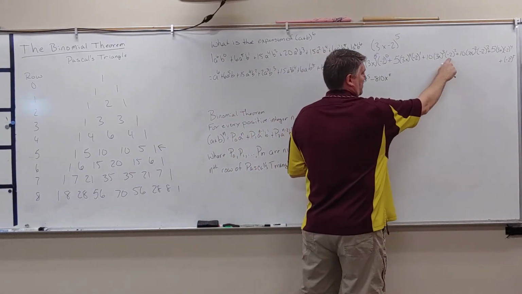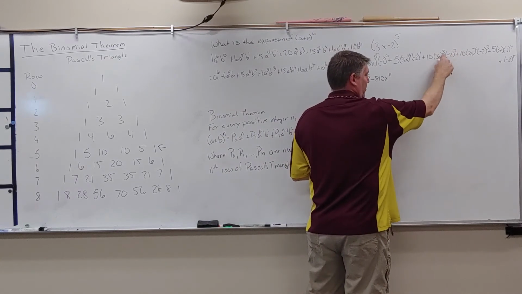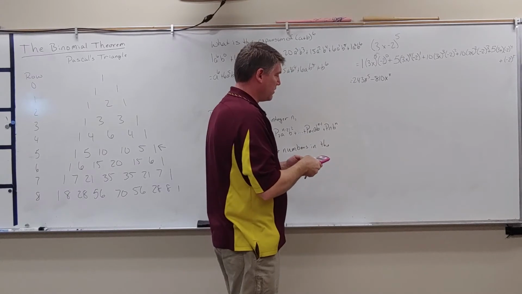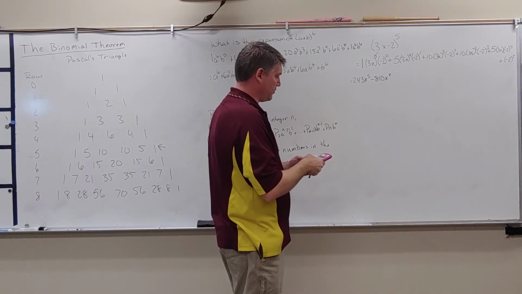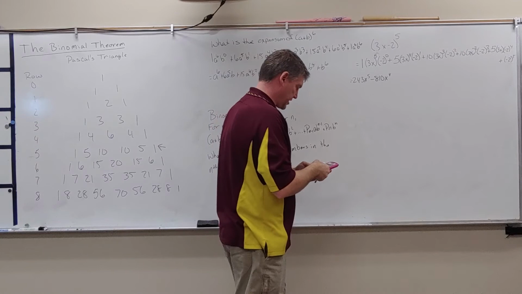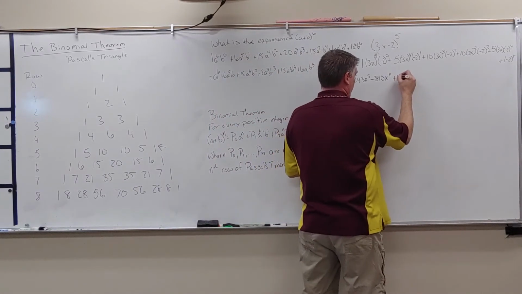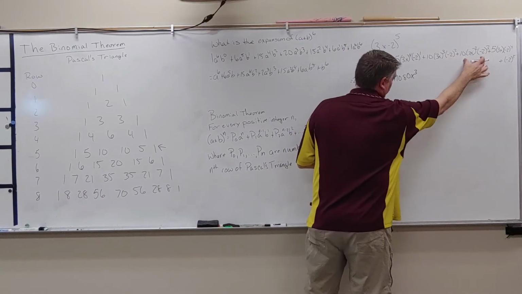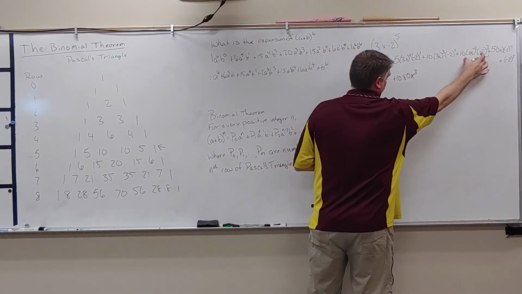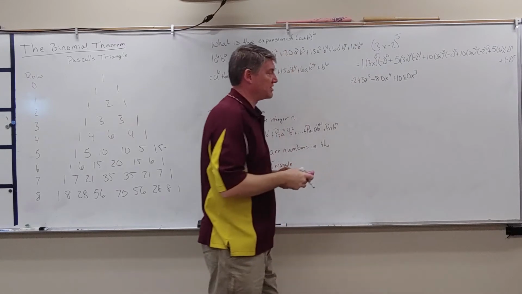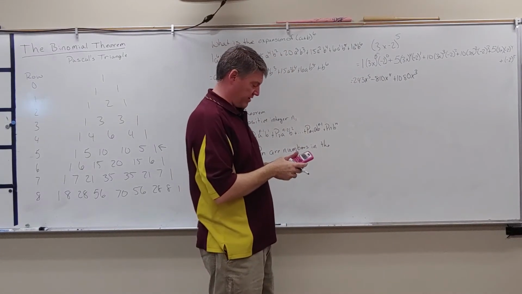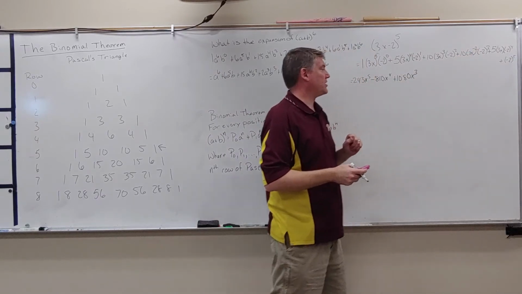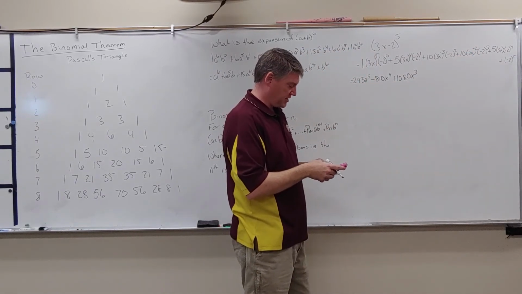Now I'm going to take negative 2 squared, 3 to the third times 10. So negative 2 squared is 4. 4 times 3 cubed is 27 times 10 gives me 1080x cubed. Now I move to the next one. Now I have negative 2 cubed, which is negative 8. So I have negative 8 times 3 squared, which is 9 times 10.